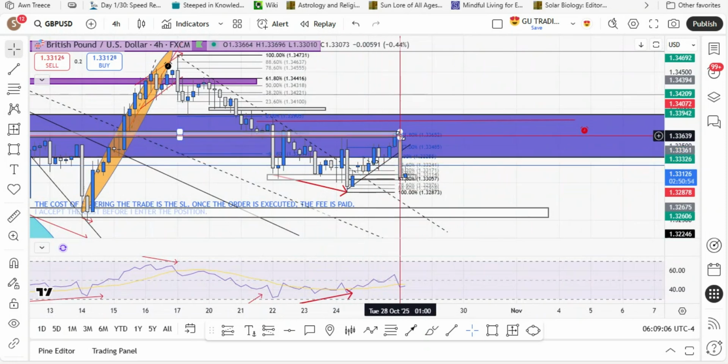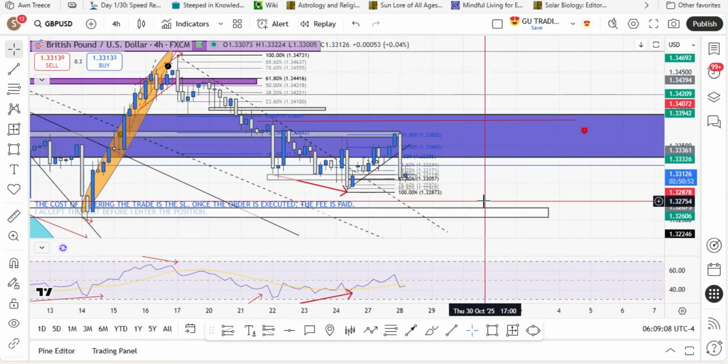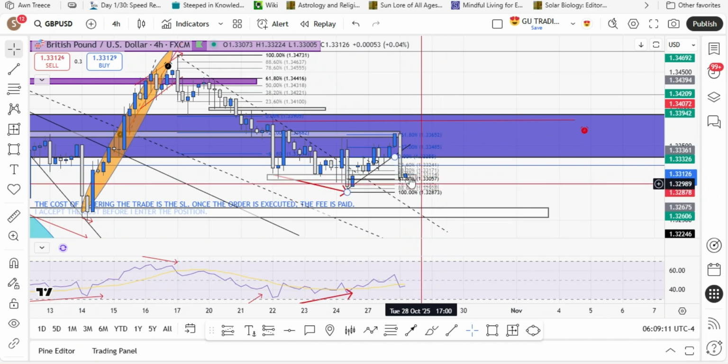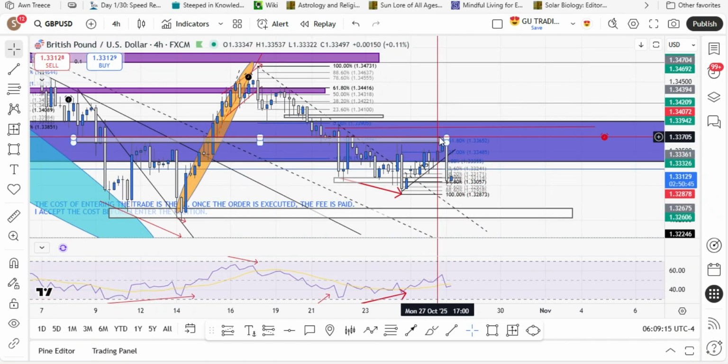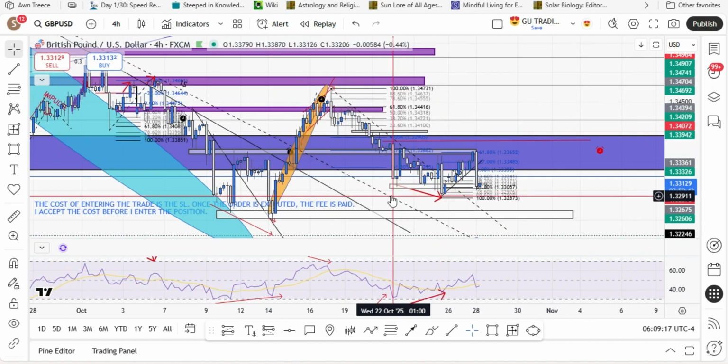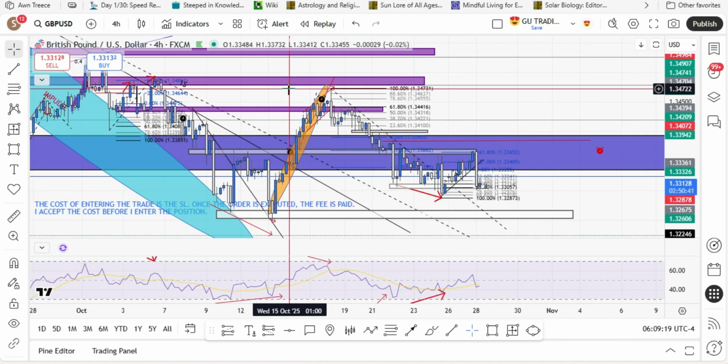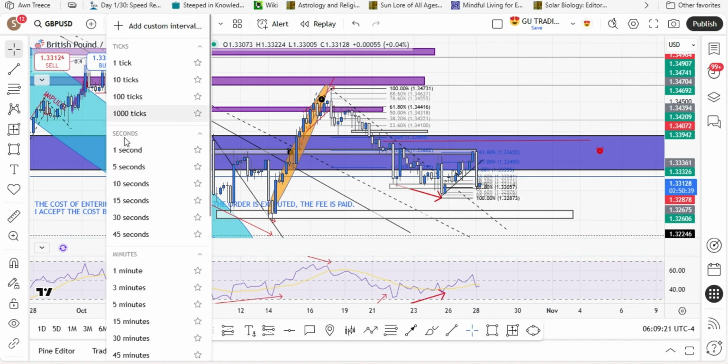There is this huge bearish candle right here. Let's see. Yeah, that's about it for the 4 hour.